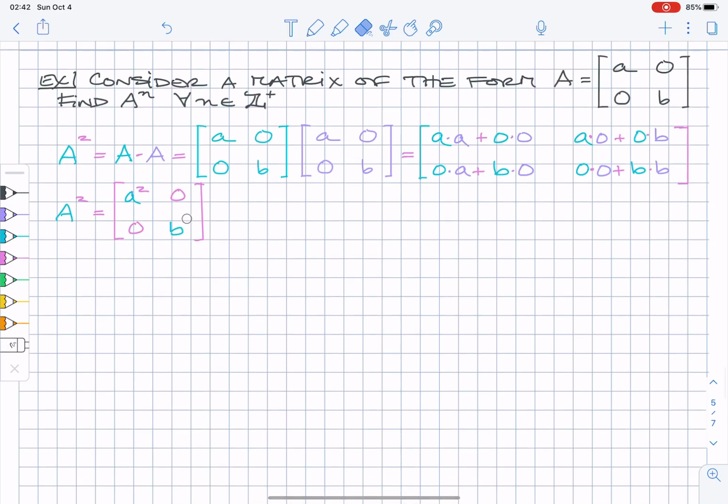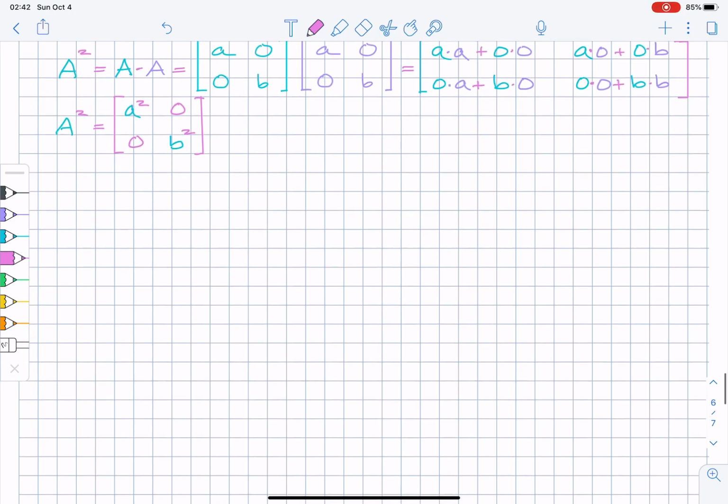So let me write squared. Okay, now let's do A cubed. Well, I claim that that's just going to be A times A squared. So I claim that that's just going to be A, which we have here, and A squared, which we just found.